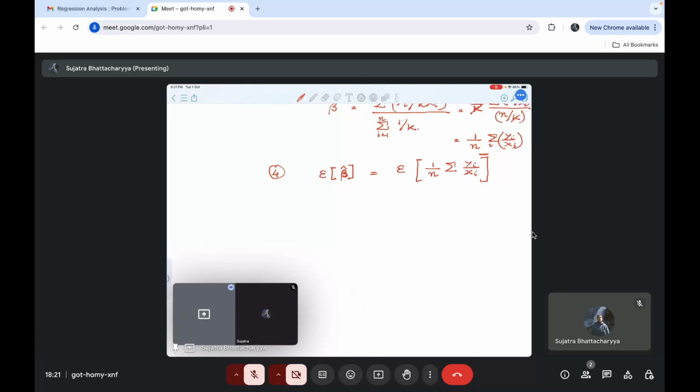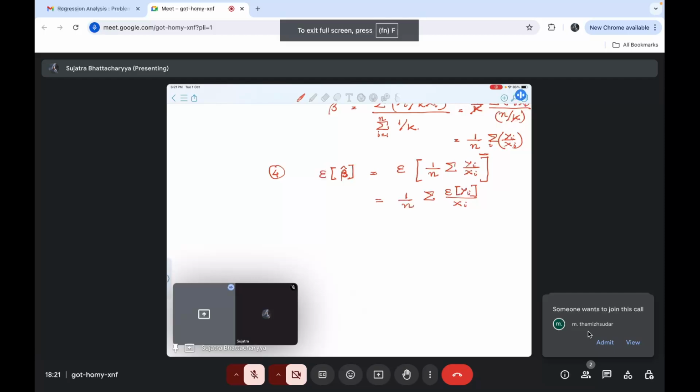Now, what you will do is that 1 by n doesn't matter. It will come out, and summation expectation value of yi simply. Xi will not matter because xi is an independent variable. It's not a random variable. We have started this discussion long ago from week one only. We are saying that this xi is an independent variable, so it does not matter.